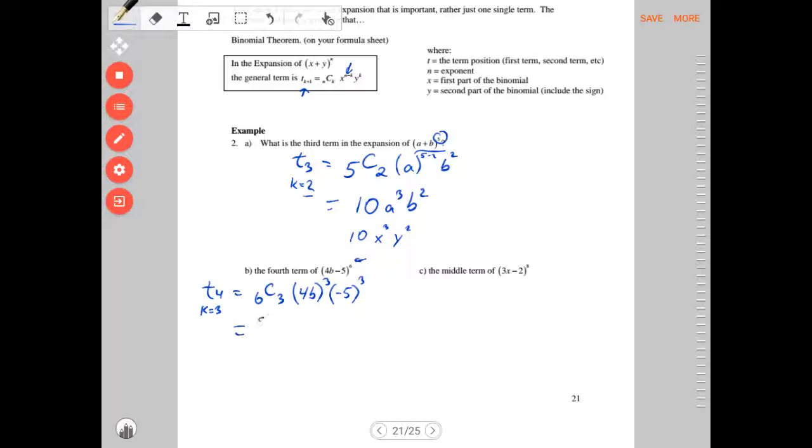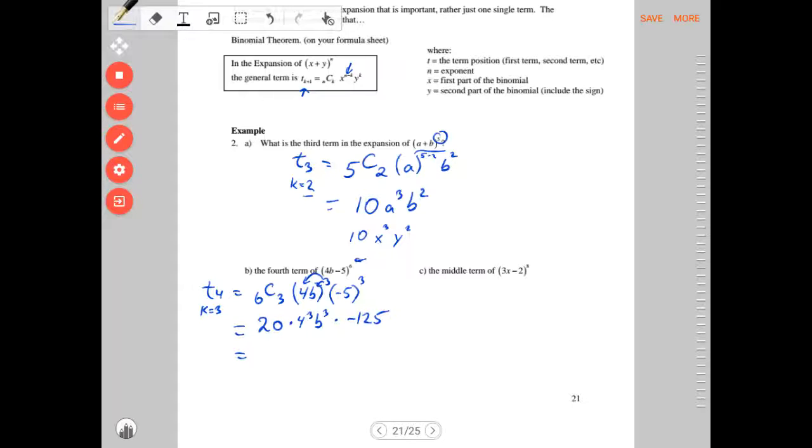So 6 choose 3. When you type that into your calculator, it's 20. Now remember, the cubed goes to both of those pieces, so that's going to be 4 cubed B cubed. Okay, and then negative 5 cubed is negative 125.